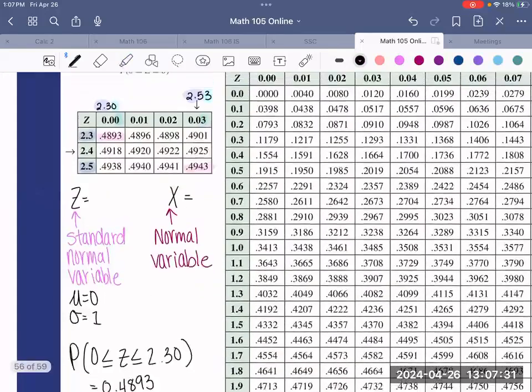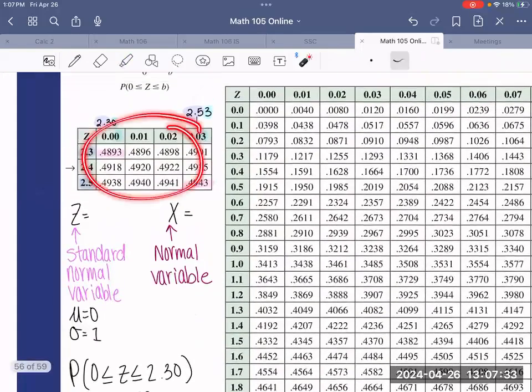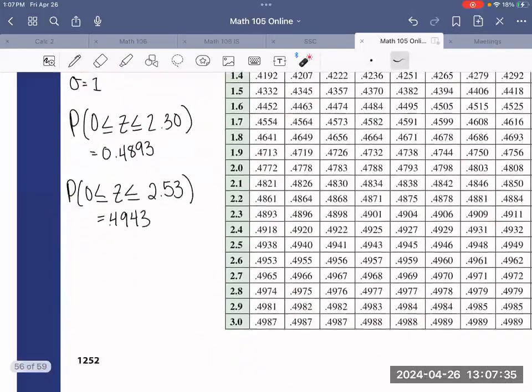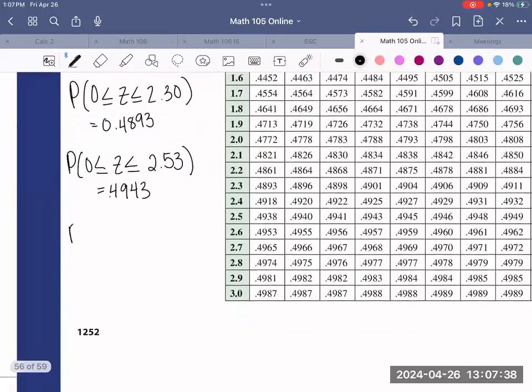Now let's go away from this smaller version and let's tackle it on a big one. Let's try it with the probability of 0 less than or equal to Z, which is less than or equal to 0.08. And again, we're going to do one more, or maybe a few more: Z less than or equal to 1.27.